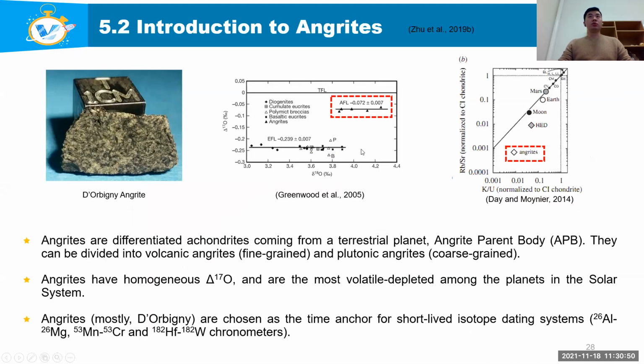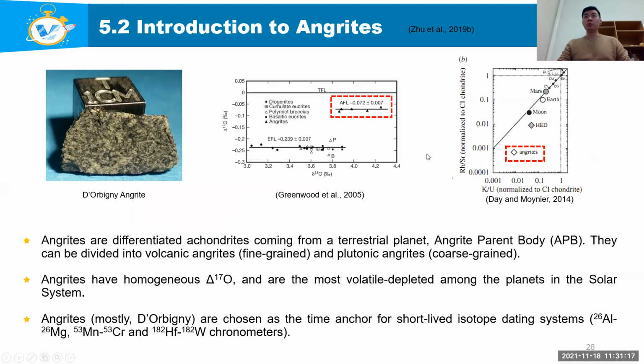And now let's go to the Angrites. Angrites are differentiated achondrites coming from the terrestrial planet, the Angrite parent body. They can be divided into volcanic Angrites and plutonic Angrites. Angrites have homogeneous oxygen isotopes and are the most volatile-depleted among the planets in the solar system. In the figure, the x-axis is the potassium-uranium ratio, and the y-axis is the rubidium-strontium ratio.